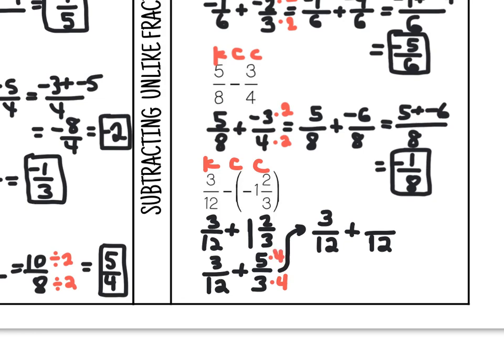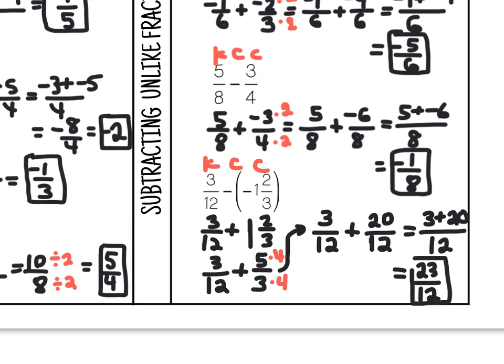And so then 5 times 4 is 20. All right, and now look, we have the same denominator. We put the numerators all over 12. Okay, and then we can add 3 plus 20, that's 23 over 12. And that's simplest form. It can't be simplified. So we box our answer.